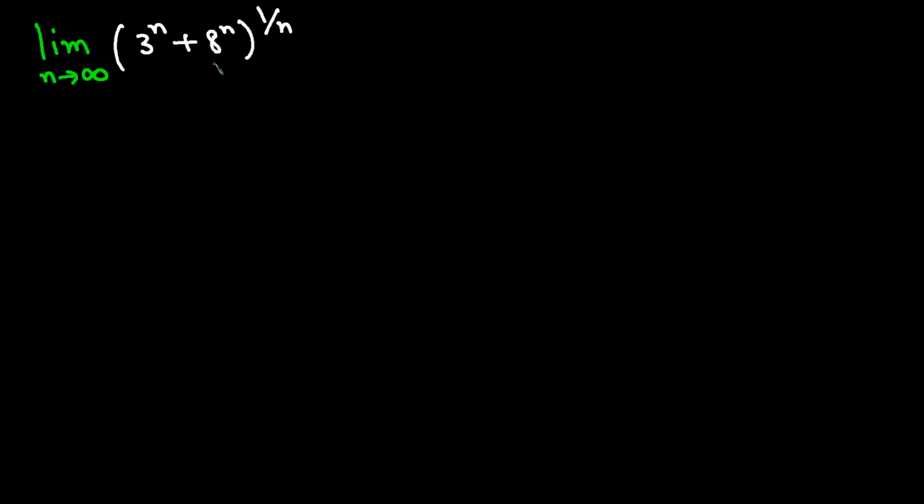So what I'm going to do is take 8 raised to the power n out of this parenthesis. That gives me the limit as n approaches infinity, and inside I'm left with 3 raised to the power n over 8 raised to the power n, and over here I'm left with 1.